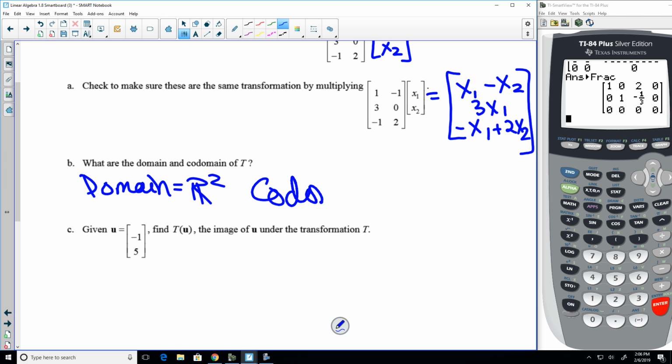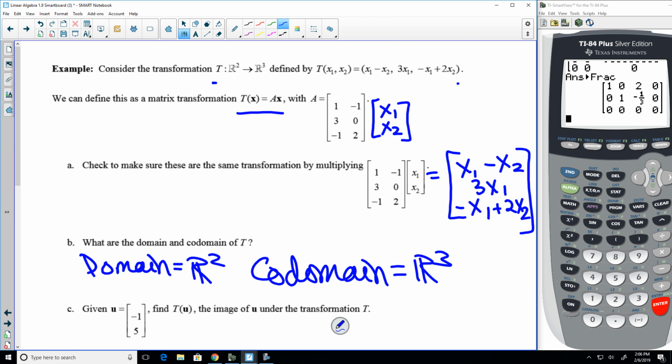That's the domain. The size of the vectors that come out is R3. And that is given in this mapping definition. Sometimes maybe I won't tell you that on the test. You have to figure that out. But I think it's easy, right? We plug in an R2 vector, and what comes out is an R3 vector.